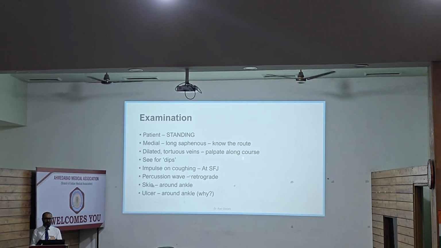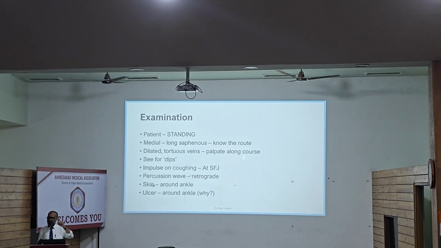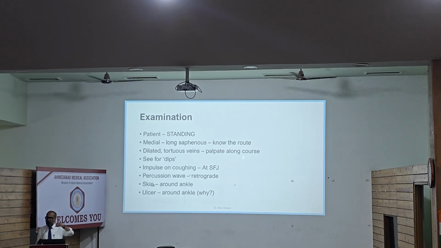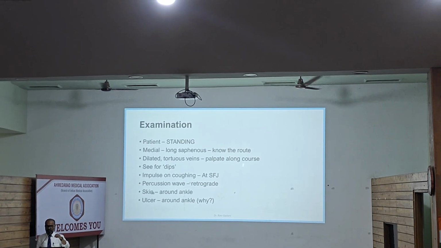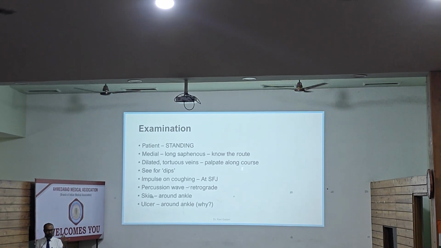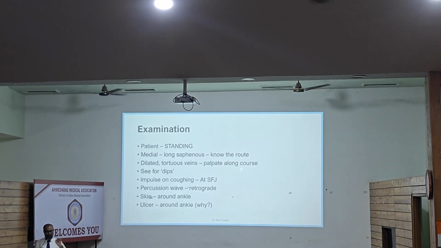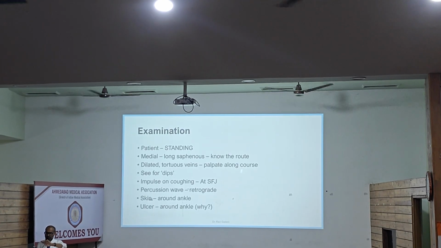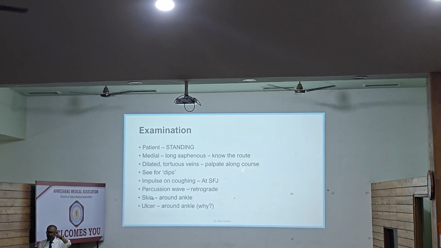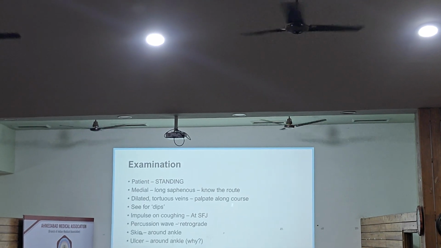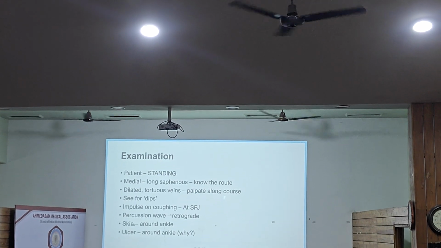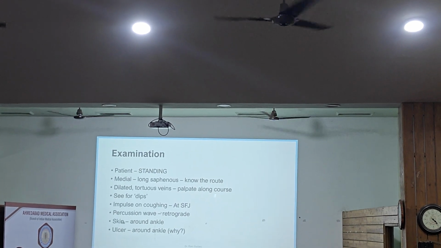When you palpate that vein, there are times when you'll be able to palpate the incompetent perforator in terms of dips. You will only be able to palpate it, I cannot describe it. If there is a vein and you palpate along its course, you will be able to palpate gaps or dips.